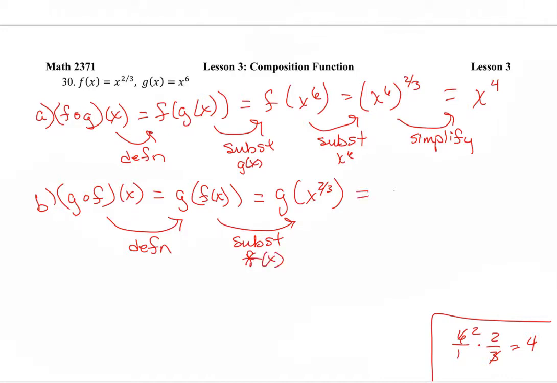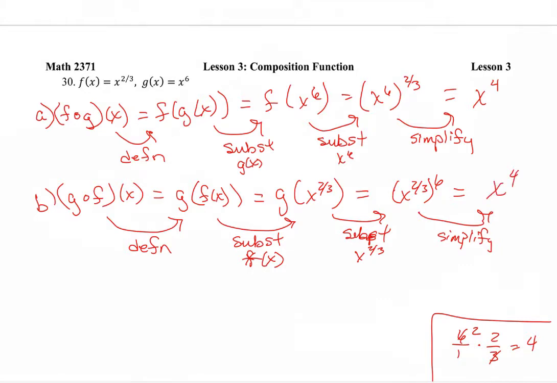So this is now going to be x to the 2/3 raised to the 6th. So that's substitution. And from here to here, I'm going to simplify. And that's going to give me x to the 4th because I can multiply.